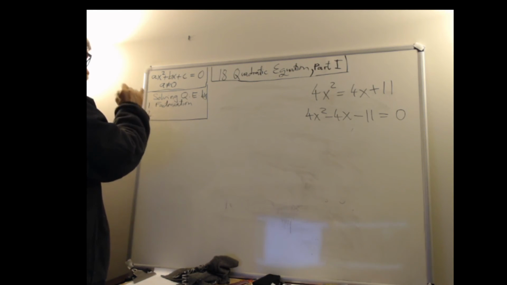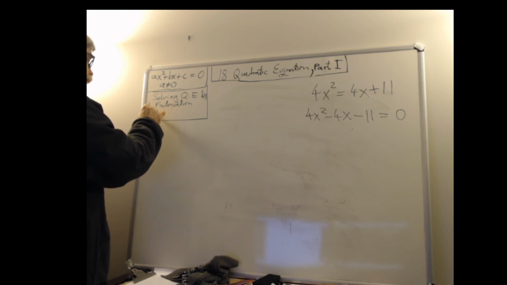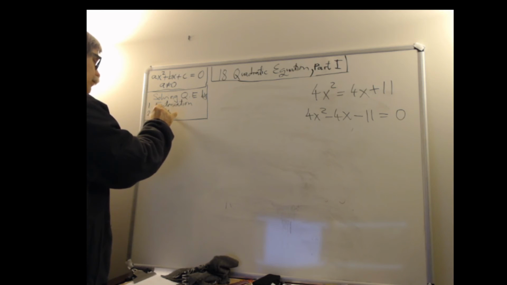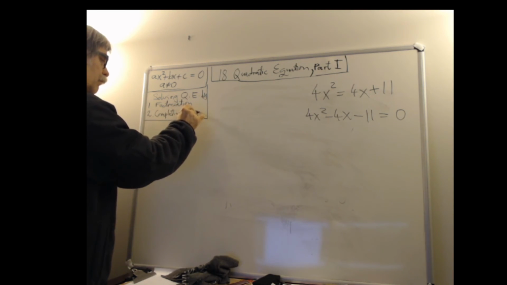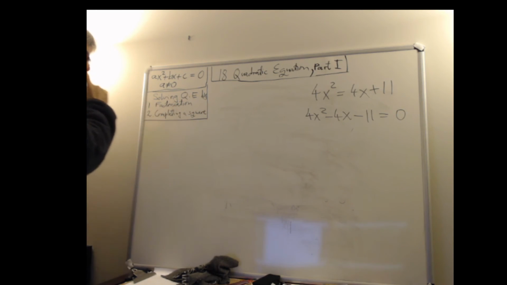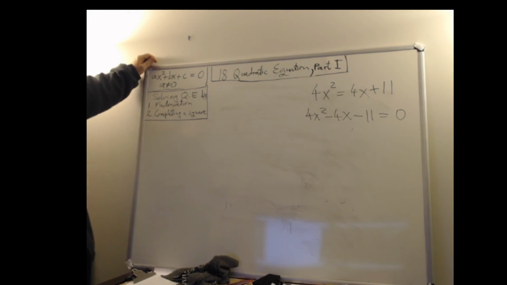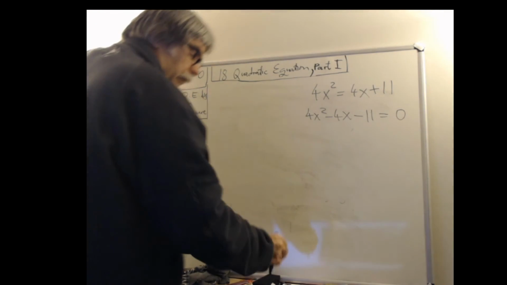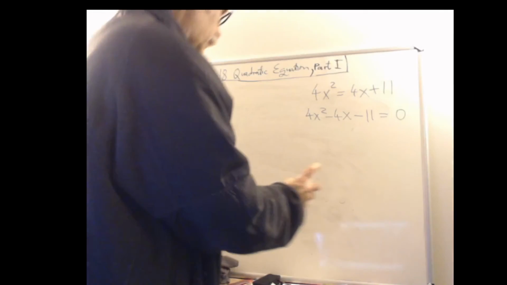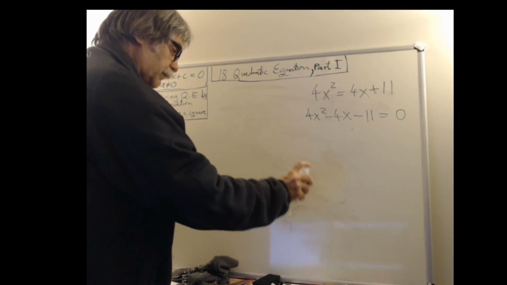This second method is called completing the square. So, method by completing the square. So let me give you one very simple example. I intend to work on that example over there, but I don't want to spend time on that now because it's a little more difficult to work with.